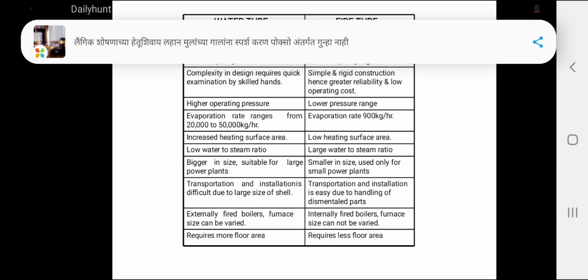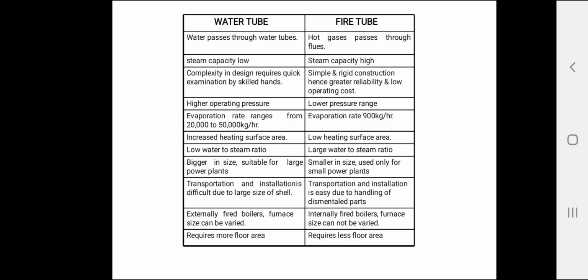Water tube boilers are generally externally fired, so furnaces can be varied, whereas fire tube boilers are internally fired and furnace size cannot be varied as it is inside the shell. The water tube boiler, as the furnace is external and the capacity is higher, requires more floor area, whereas the fire tube boiler requires less floor area. This is the major difference between water tube and fire tube boilers.